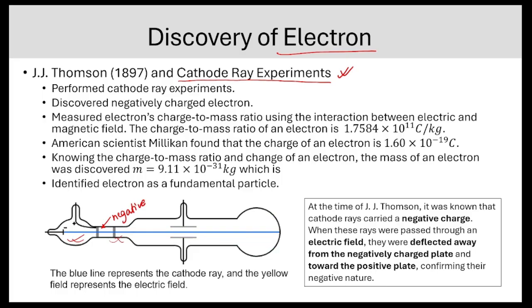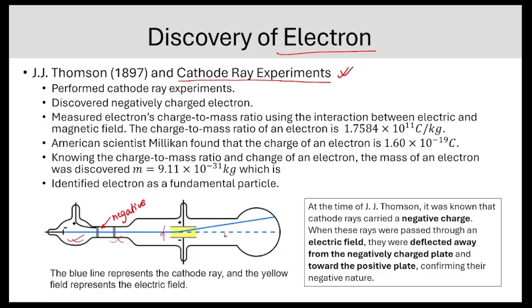And when he used this negatively charged cathode beam, he passed it through an electric field. Here we can see there's an electric field with a positive and negative charge, and when this negatively charged beam was passed through this electric field, the beam deflected away from the negative charge.